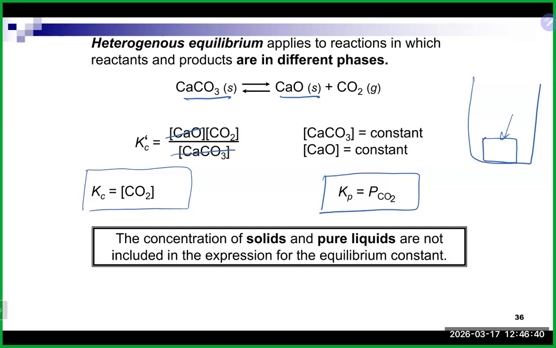As I mentioned, if this was a solution situation, the only way for this to participate is it would have to dissolve, because in the solution, that's where we have our ions floating around and that's what's reacting. In a solid state, they are hooked together. They're not freely floating. And in that solid state, it's not going to really participate. The only way for it to do that is to dissolve. And at that point, it's no longer a solid and it would interact in the aqueous state. So heterogeneous equilibrium just means we have things in different phases.